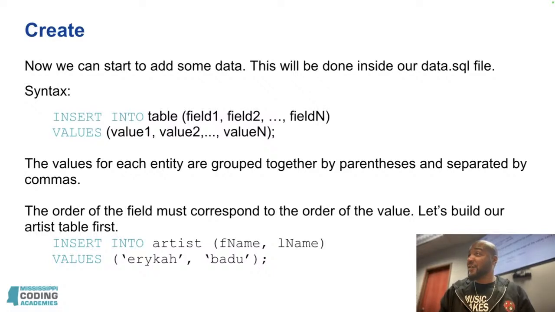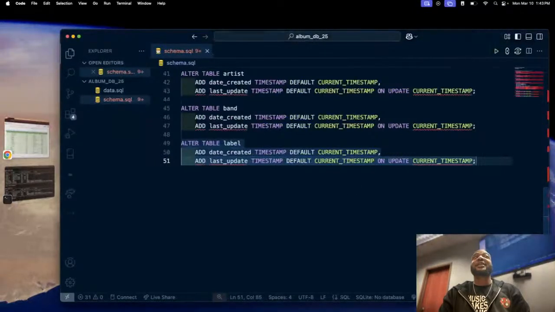So let's build our artist table first. Everyone do these first couple with me, because you'll need that for your own database. So: insert into artist, F name, L name, and then values Erica Badu. This does not happen in our schema file.